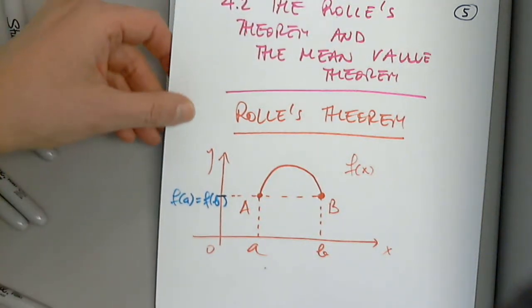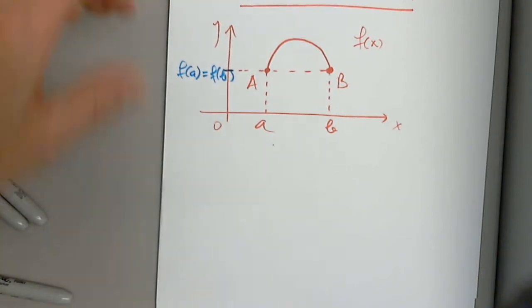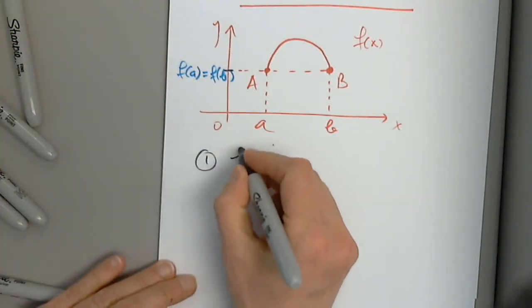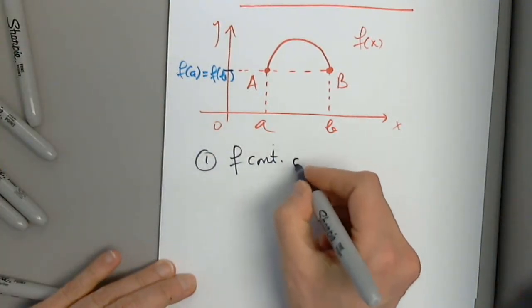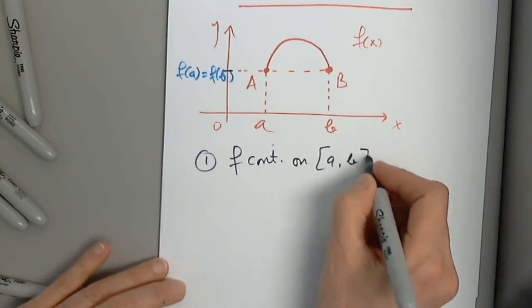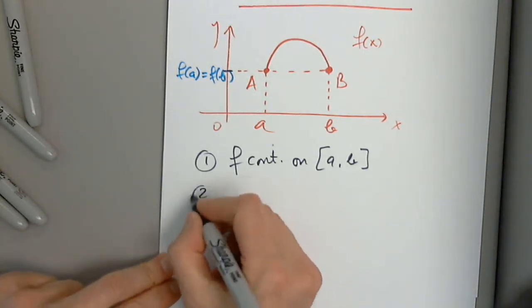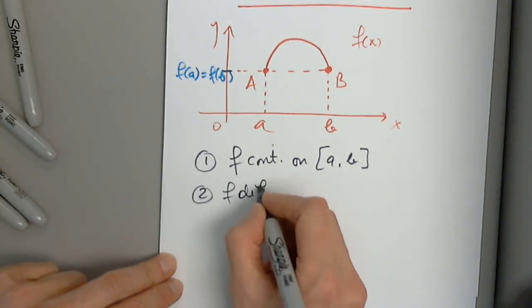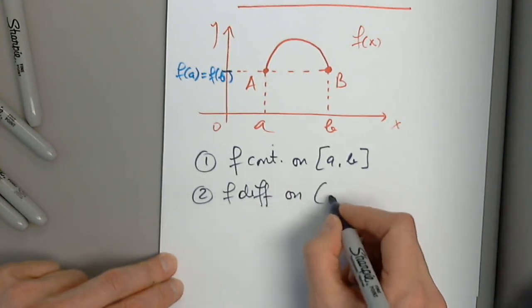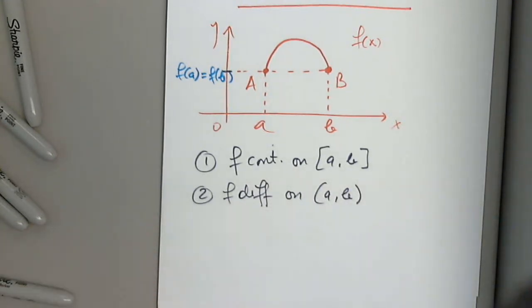There are three hypotheses of Rolle's theorem. Number one, f continuous on the closed interval a comma b, and you tell me if you agree. Is f of x indeed continuous on a comma b? Yes. Perfect. Number two, f differentiable on the open interval a comma b.